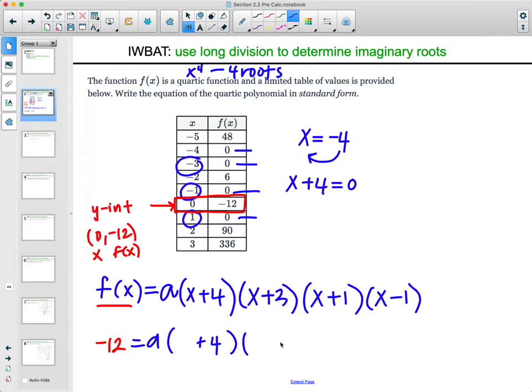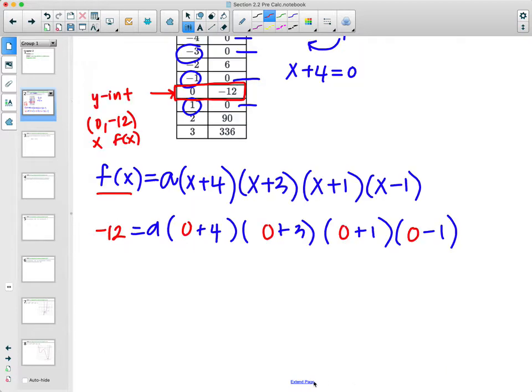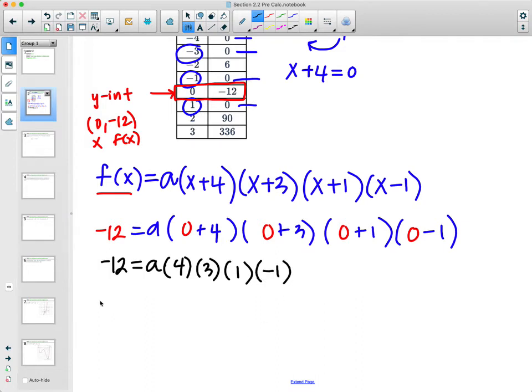So I'm just going to write down the rest of this, and then I'll plug in all the zeros. So x is 0 in this whole thing. So we're going to do 0 plus 4, 0 plus 3, 0 plus 1, 0 minus 1 to solve for a. So we have -12 equals a times 0 plus 4 is 4, 0 plus 3 is 3, 0 plus 1 is 1, and 0 minus 1 is -1.